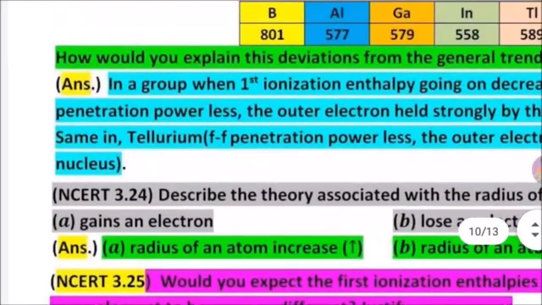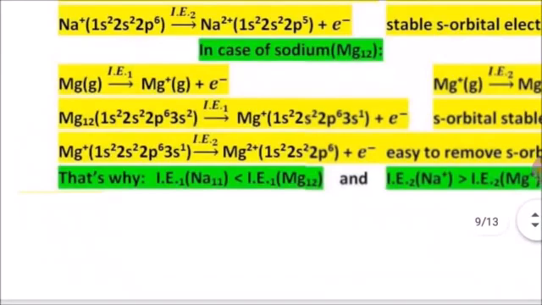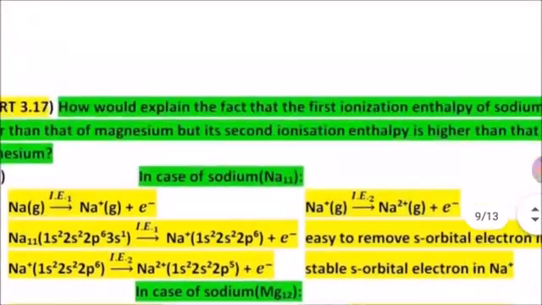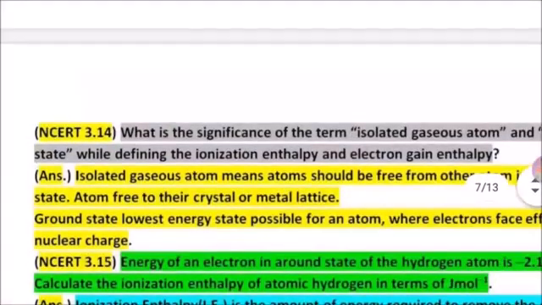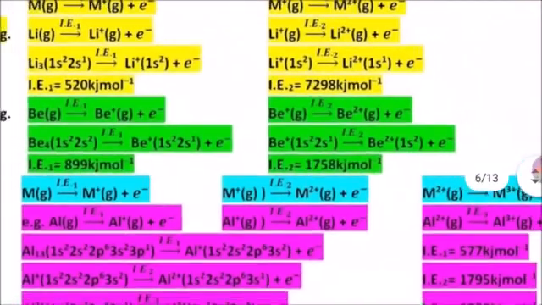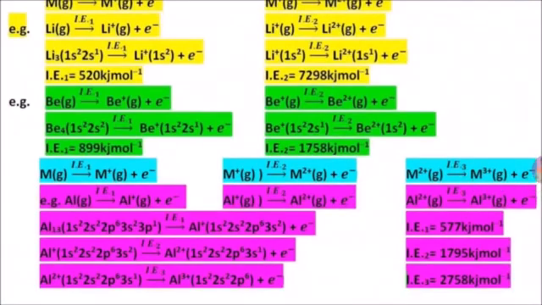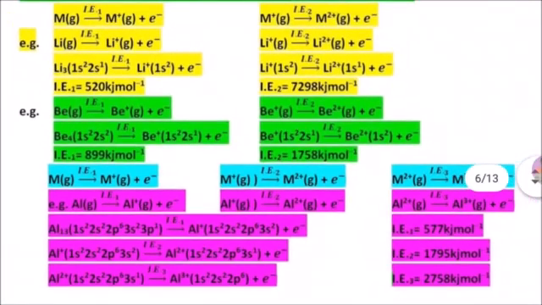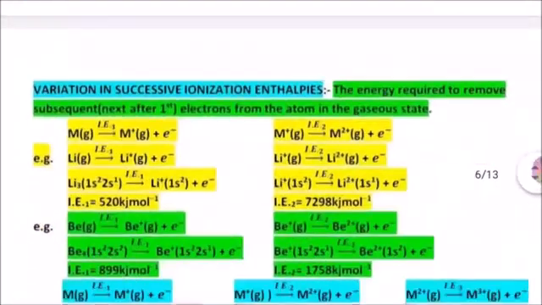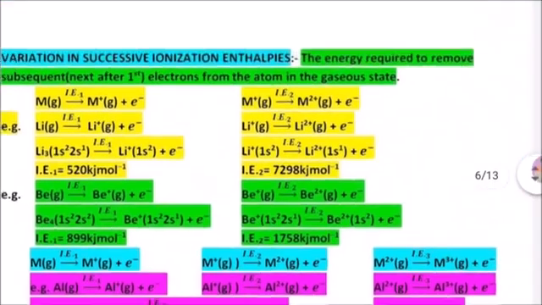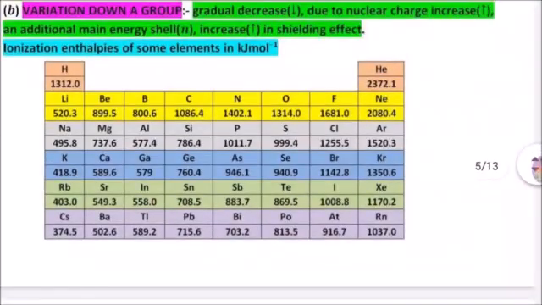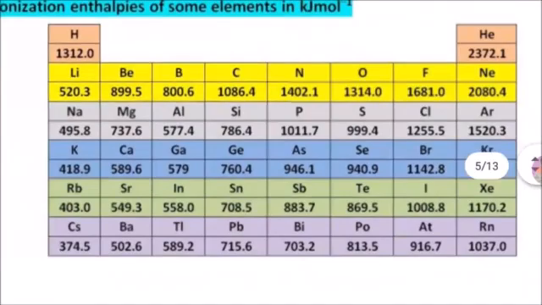Student, I hope this video is informative for you, and these are some numericals based on the NCERT portion related to today's video. This is the way, through stable and unstable configuration, that you can easily tell about the ionization enthalpy. These are three examples: lithium, beryllium, and aluminium. You can pause and read about this and learn completely from this video.